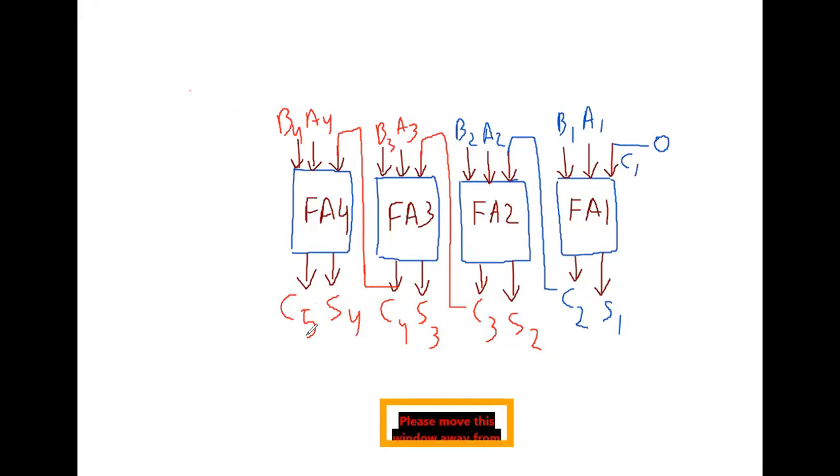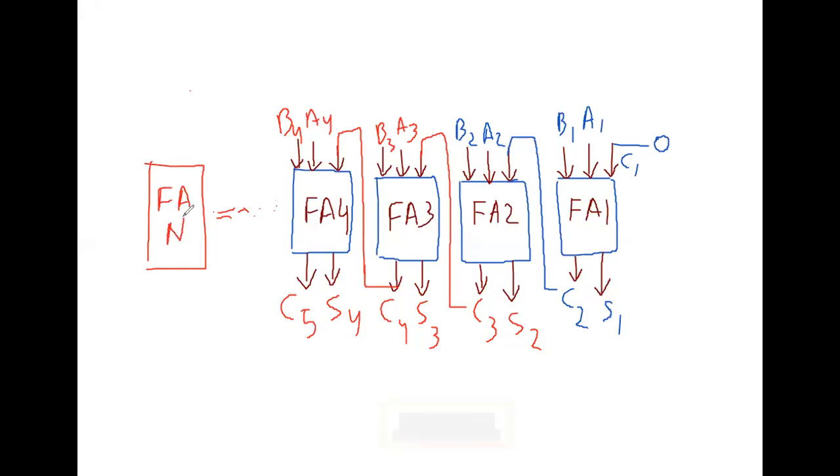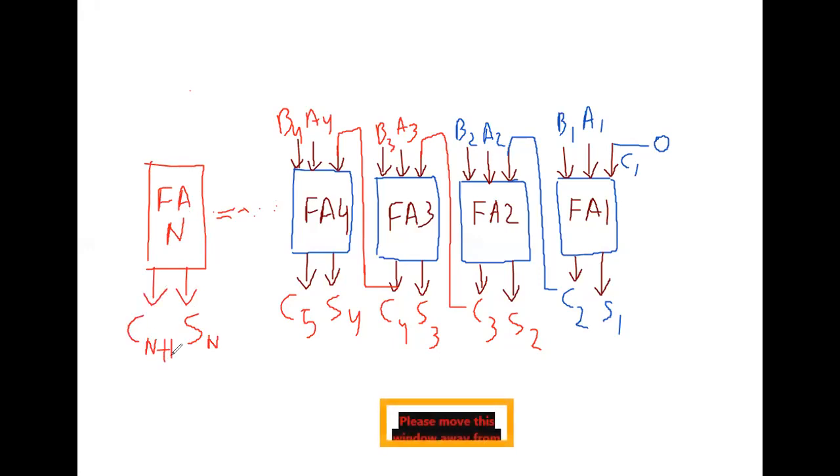In this way, you can design for 5-bit also, 6-bit also, n-bit also. If you want to design for n-bit, put some dots like this, and here mention that this is a full adder for n, FAn. This will be Sn, this one will be Cn plus 1, and this one will be the carry from the previous one, Cn minus 1.